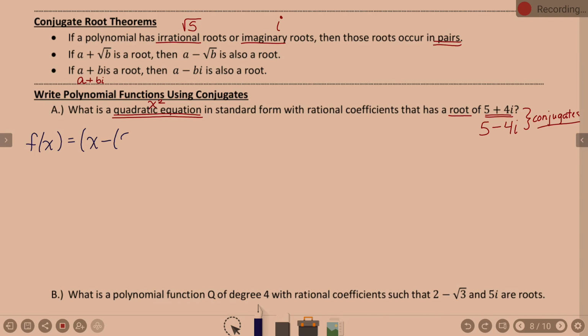I'm subtracting the 5 plus 4i. So notice how I wrote that to get us started. It's x minus the quantity 5 plus 4i, because we're going to have to distribute that minus sign. Then I'm going to do the same thing with the other zero. x minus the quantity 5 minus 4i.